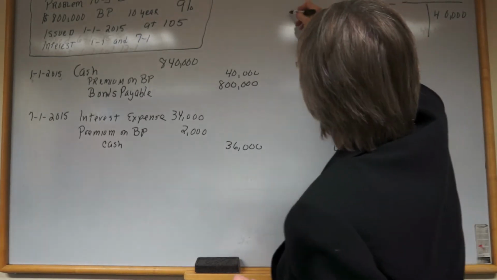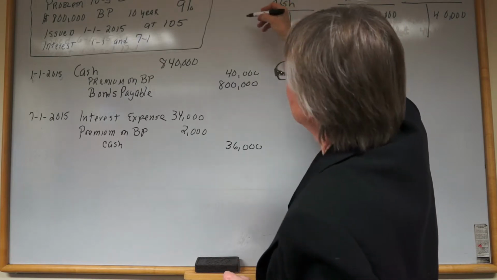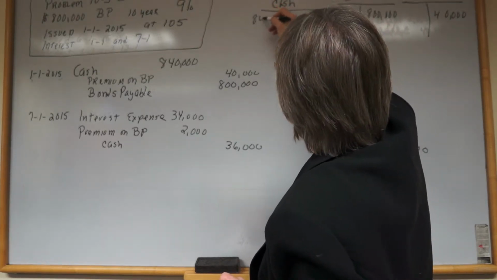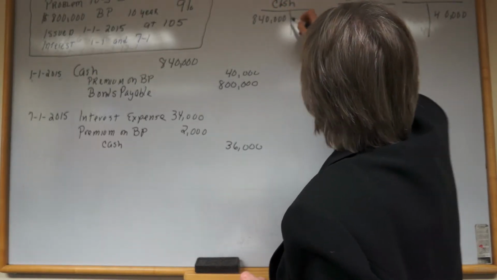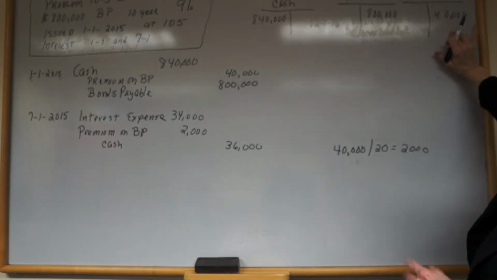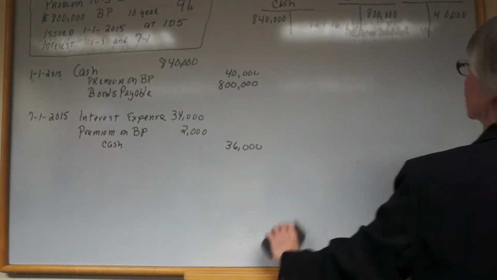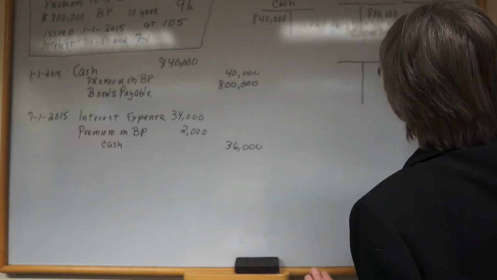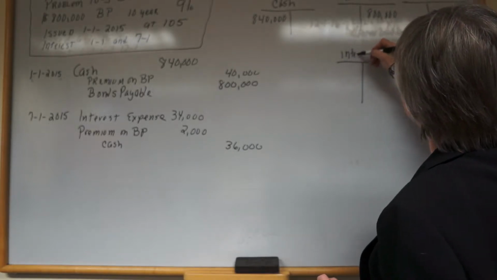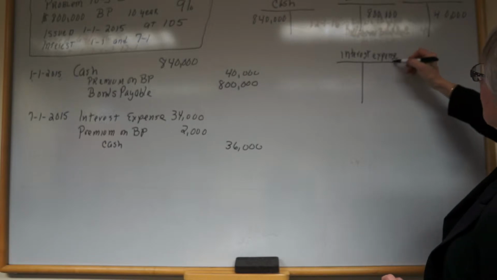Okay, so to be complete here, we'll throw up cash. And initially, we got 840,000 in cash. Here's our bonds payable, and here's our premium on bonds payable. That takes care of the first journal entry. And so now we have our interest expense, and we see how this works.